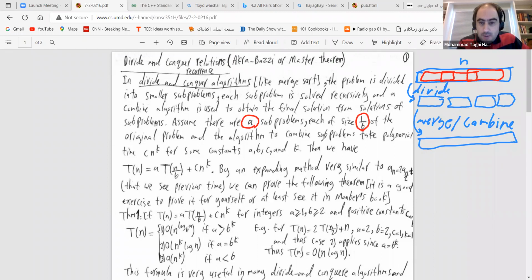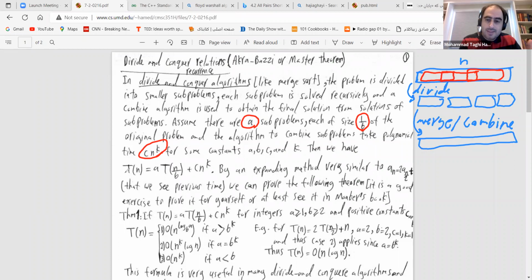And then to combine the solutions of these subproblems, we need to pay a running time of C n to the k. So you need to solve each of the a subproblems, and the size of each is 1 over b, as I mentioned.